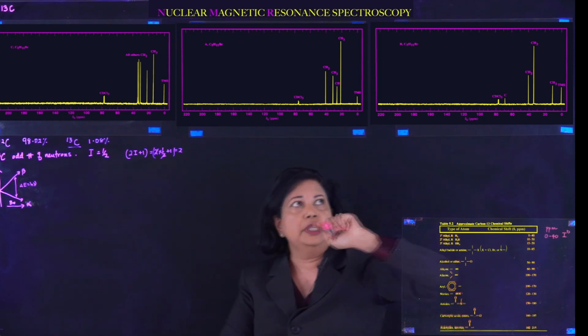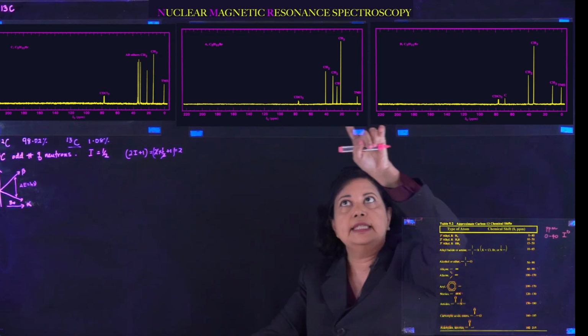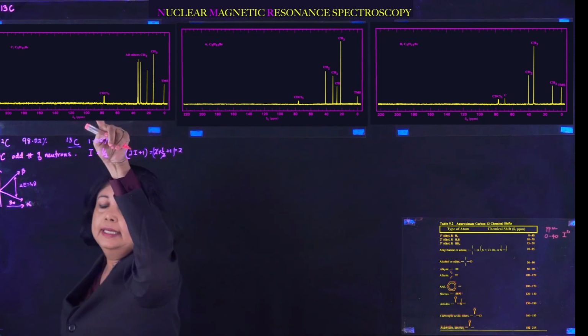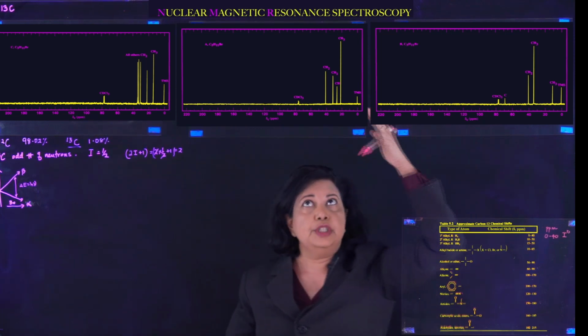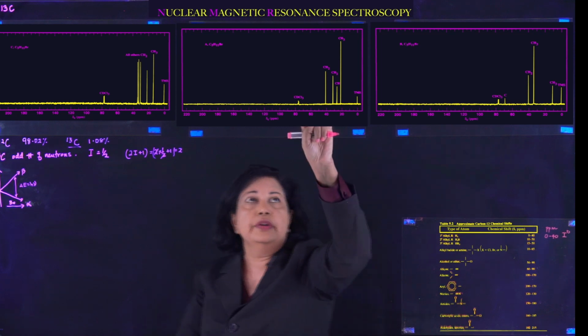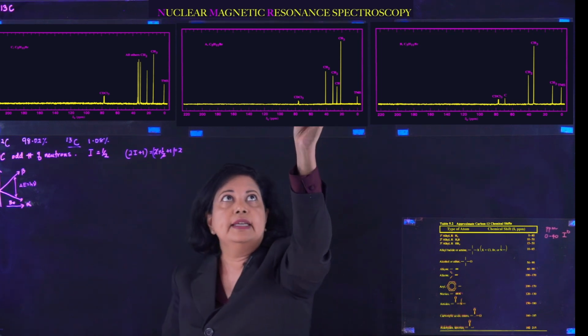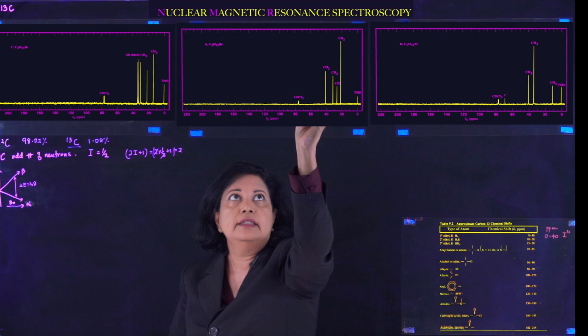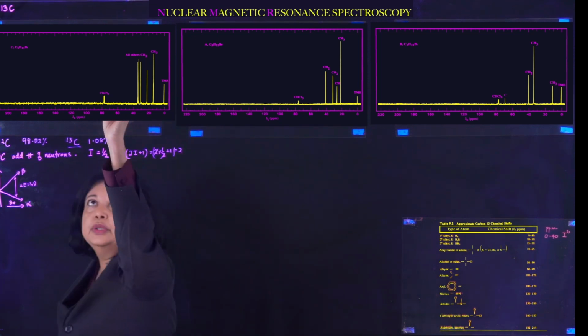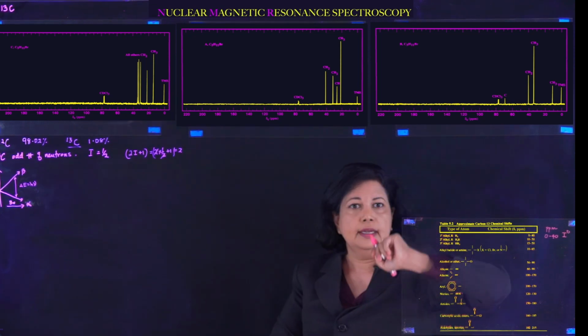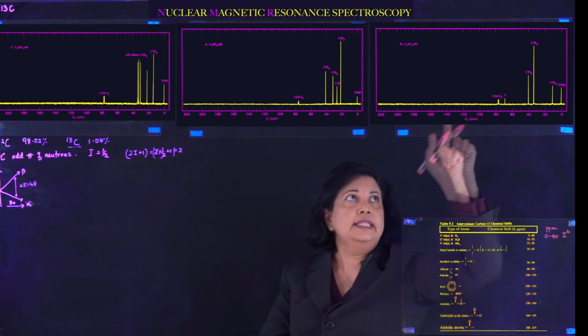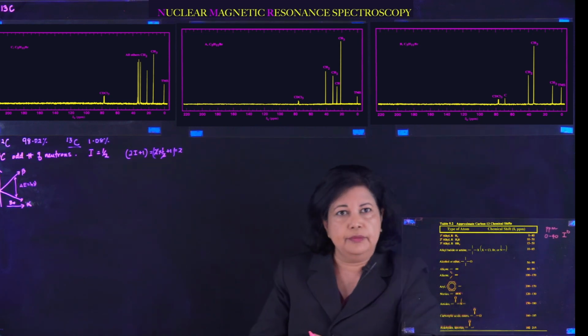Another thing that's very important is you will see at 77 this triplet peak. It's actually not really a triplet, it's just 3 parallel lines together, and that is at 77. And 77 is CDCl3, and that is pretty much how you shim that machine. So here 77 is the peak for CDCl3.